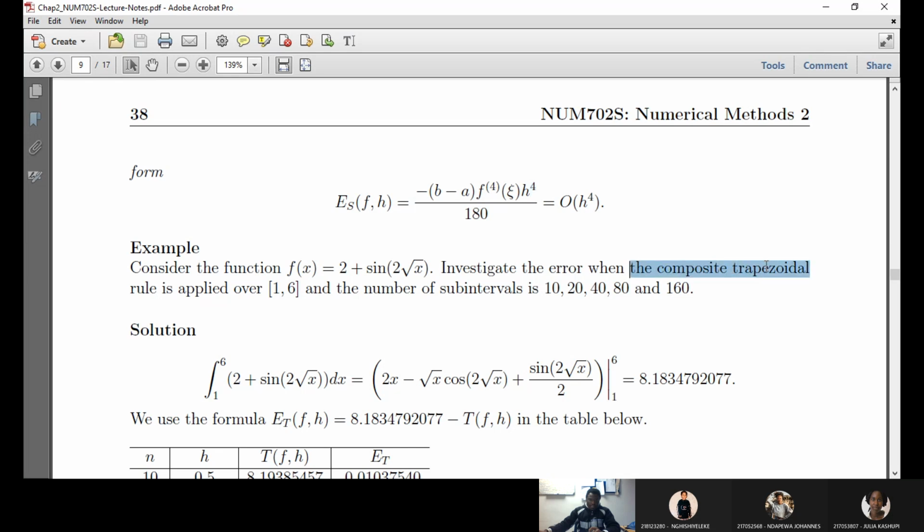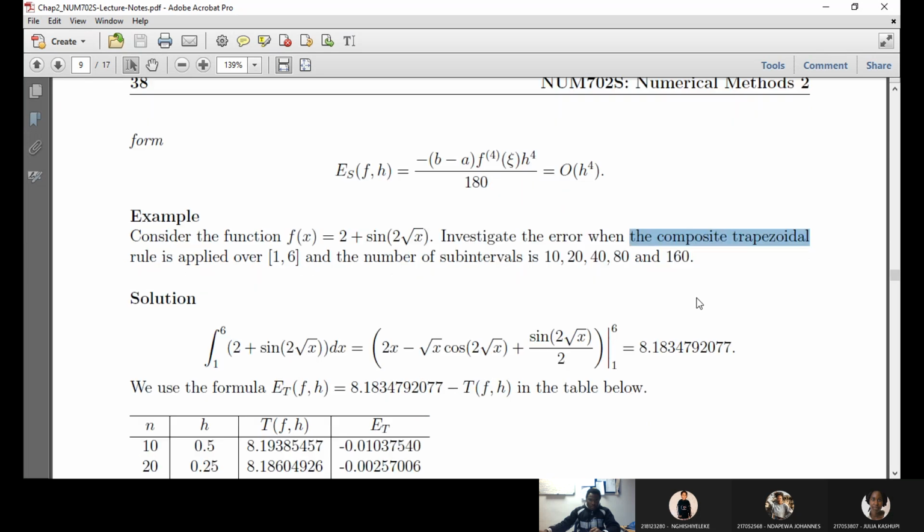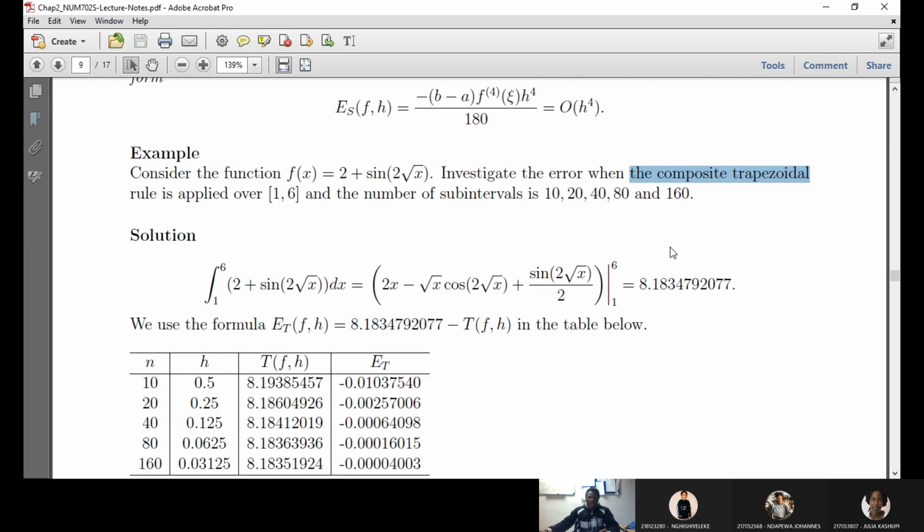So here we are investigating the trapezoidal rule. From this expression, we can obtain the actual antiderivative of this function, which is given by this. And now if you substitute, this is the exact value.